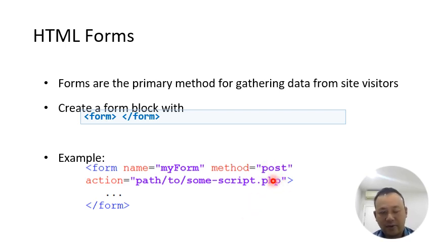So an action attribute tells where the form data should be sent. HTML forms can be customized extensively using CSS for styling and JavaScript for interactivity. They are very good tools for collecting user information and interacting with web servers.